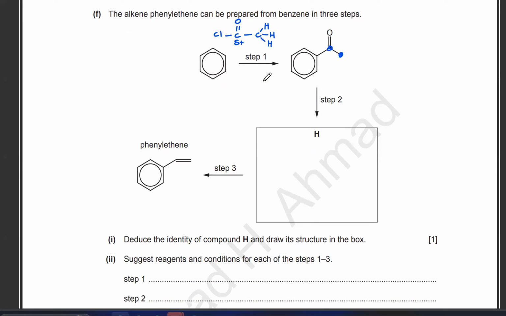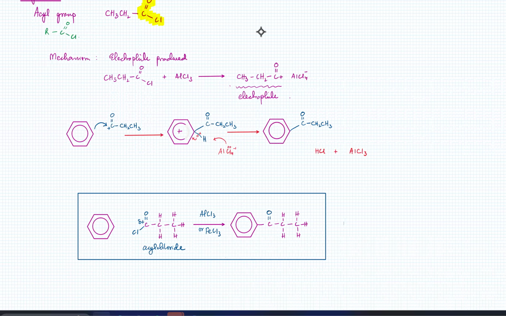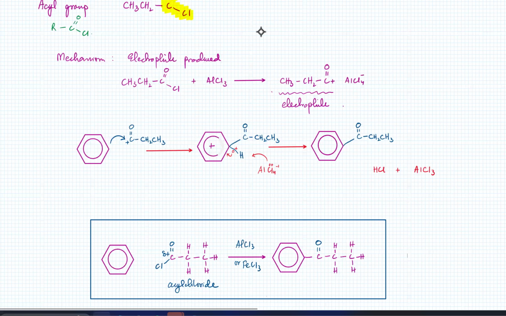So the reagent is this thing. That's an acyl chloride. And specifically, the name for this one is ethanoyl chloride, because it's got two carbon atoms. I'm going to write the name in the notes as well that this thing was called propanoyl chloride.